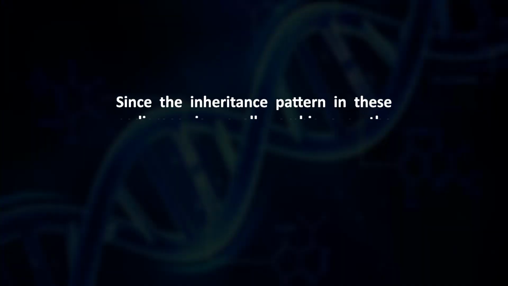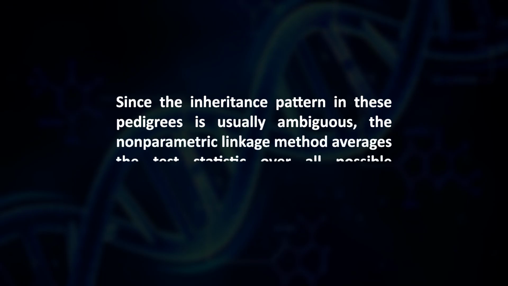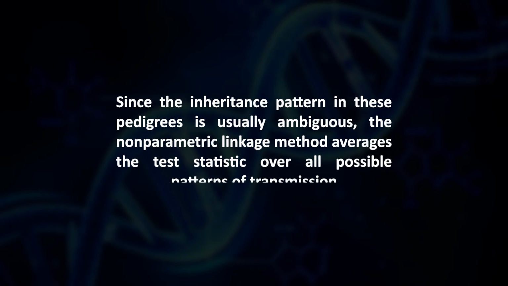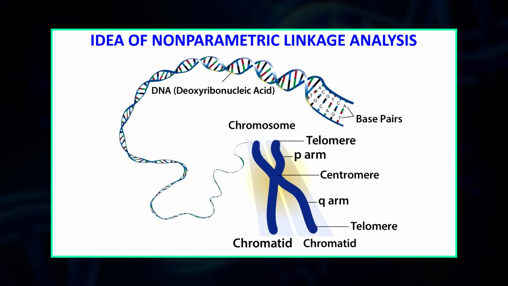Since the inheritance pattern in these pedigrees is usually ambiguous, the non-parametric linkage method averages the test statistics over all possible patterns of transmission. The statistic is normalized and weighted across pedigrees. It establishes a probability of linkage for any point on the chromosome with the available marker information.